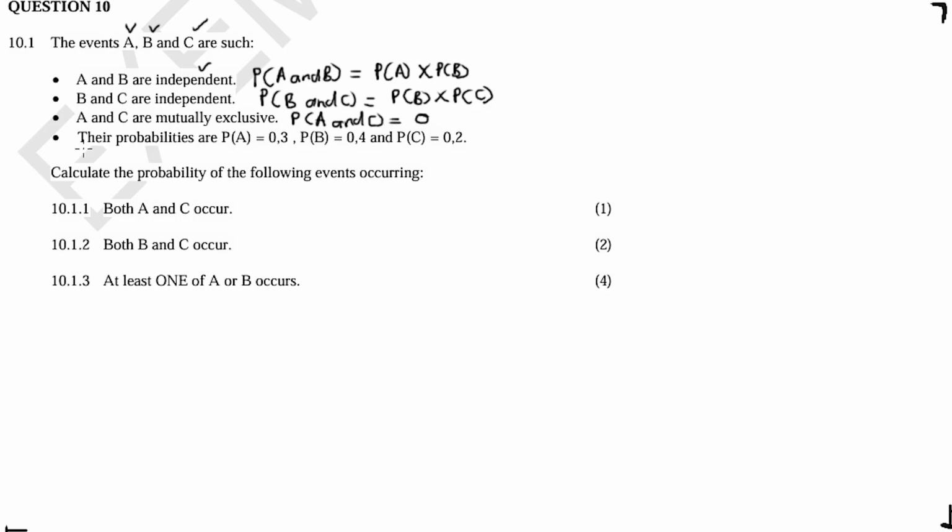Their probabilities: the probability of A is 0.3, B is 0.4, and the probability of C is given as 0.2.